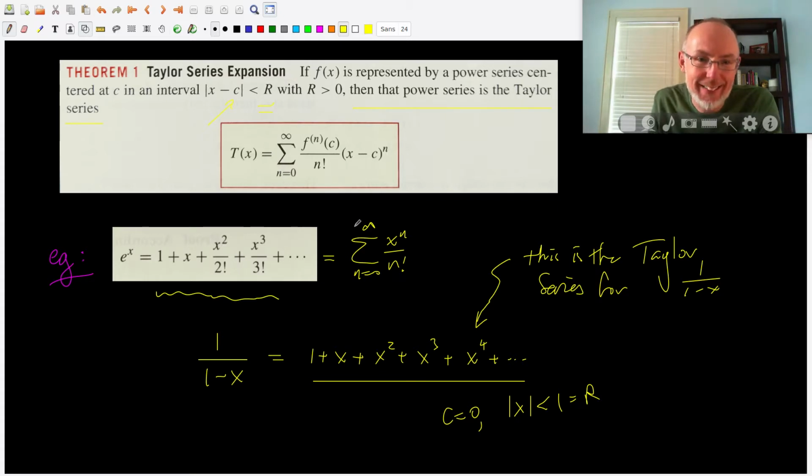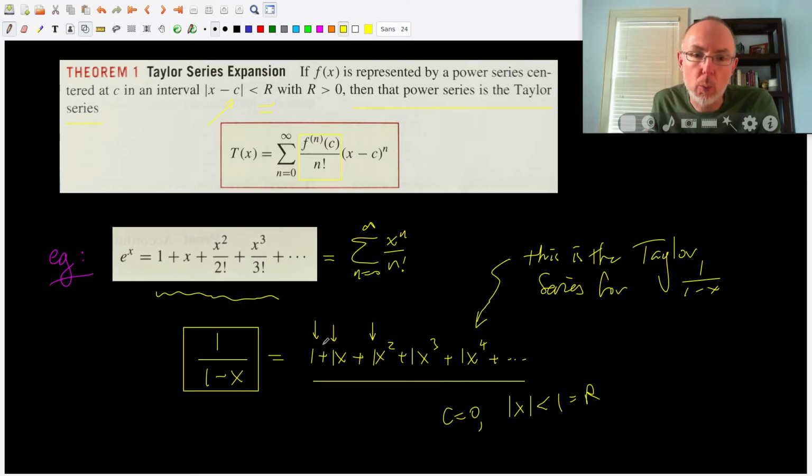And what that's telling us, in other words, is what these numbers are. In the first case, that number is 1. In the second case, that number is 1. In the third case, that number is 1, because I've got a 1 in front of the power of x there, right? So if I had sat down and calculated all of those derivatives and divided by n factorial, I would have found those numbers 1.